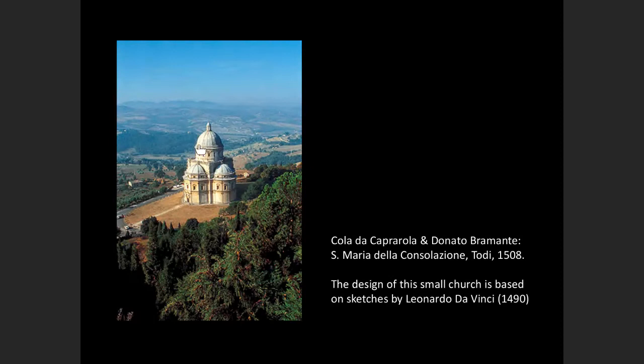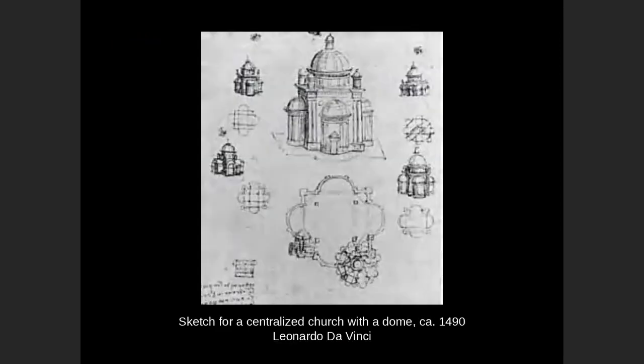It sits on a drum, a slightly vertical dome, similar to what Brunelleschi had built at Florence, and then a small lantern on top. So not an exact copy of what Leonardo had done, but I got to throw in Leonardo because I've got to talk about all the Ninja Turtles.